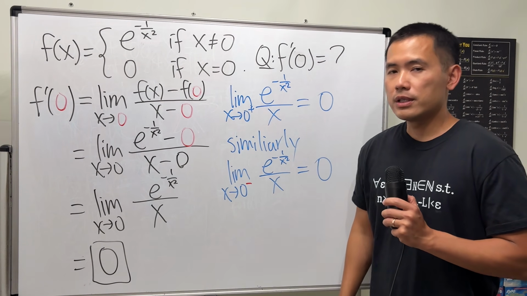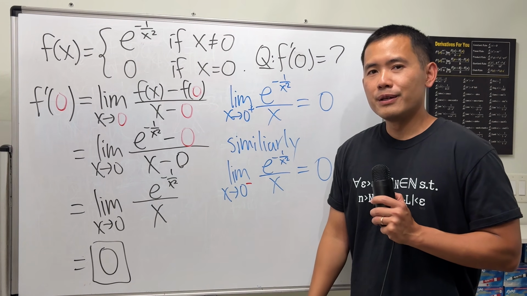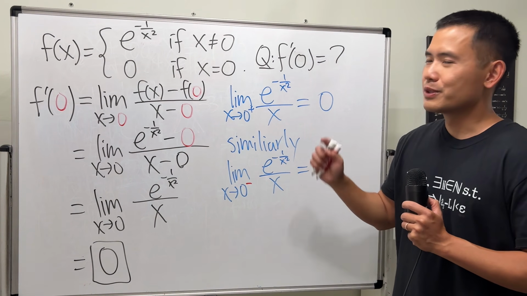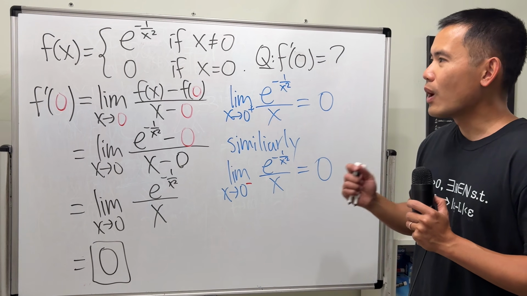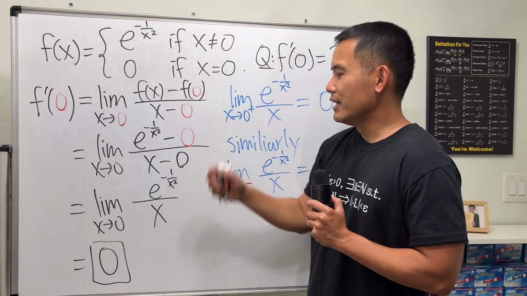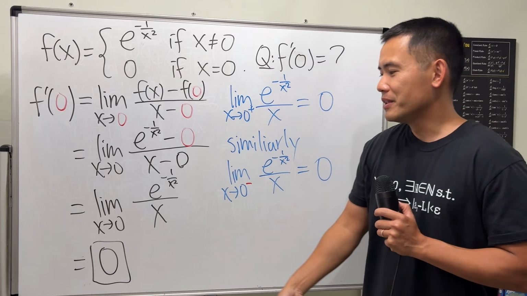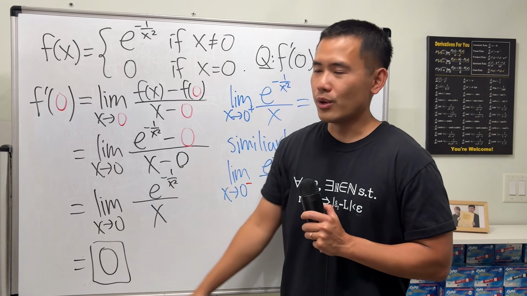So this right here is a correct solution for this question, but I'm not sure how I feel about this question though, because I can think about so many wrong ways of doing this and then get the correct answer, because the answer is just simply 0.